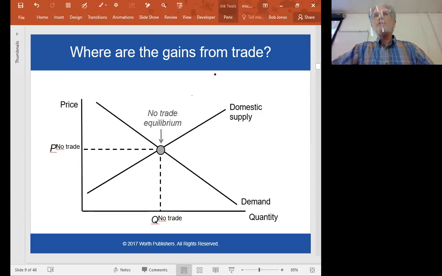I really want you to use this chapter to reinforce your understanding of things that we've already been talking about, because in this chapter we are continuing to talk about consumer surplus, producer surplus, gains from trade, and use these ideas to help us understand efficiency better and help us understand the deadweight loss that results from various things like taxes, like subsidies, and here we're going to see from tariffs.